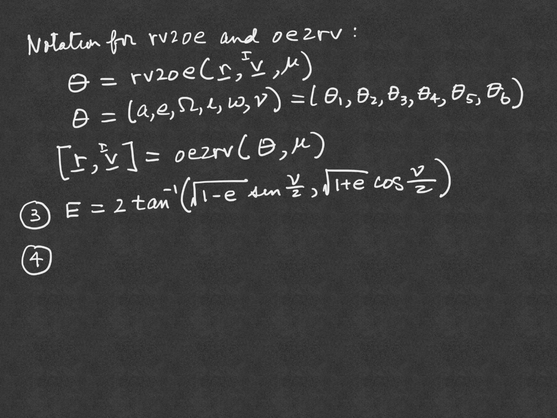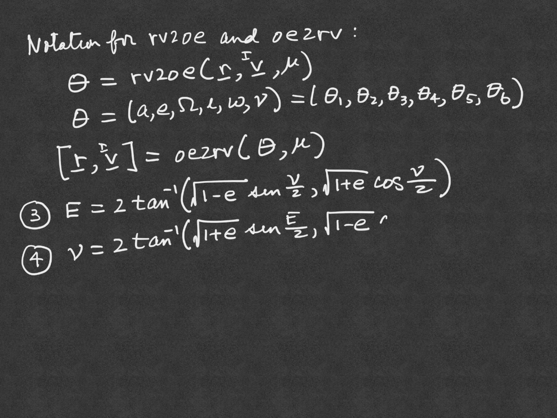And then, of course, we need the inverse operation, which is nu is equal to 2 times the 4-quadrant inverse tangent of the square root of 1 plus E times the sine of E over 2 and the square root of 1 minus E times the cosine of E over 2. Now, these functions are going to be used quite frequently in what we're about to do. So I wanted to lay them out ahead of time so that you know that in the steps we're about to do, these functions will show up.